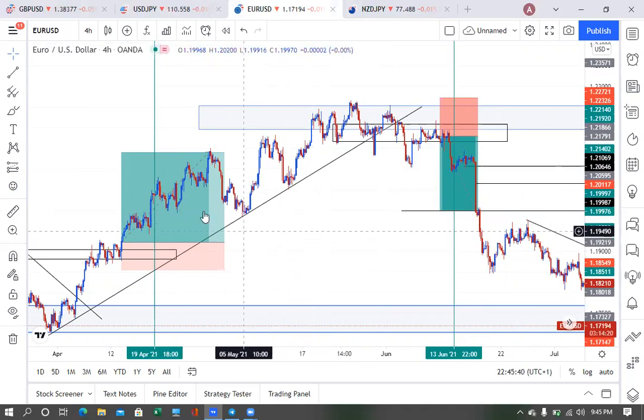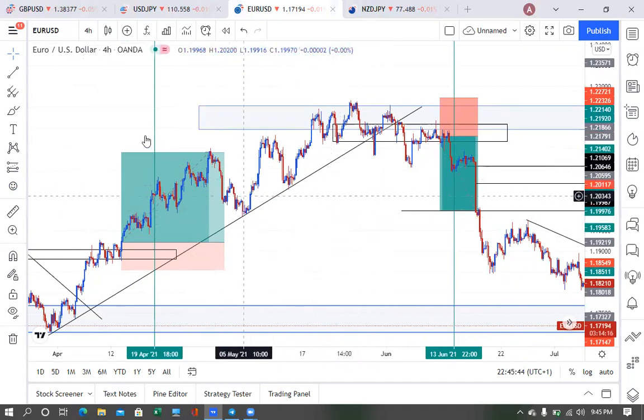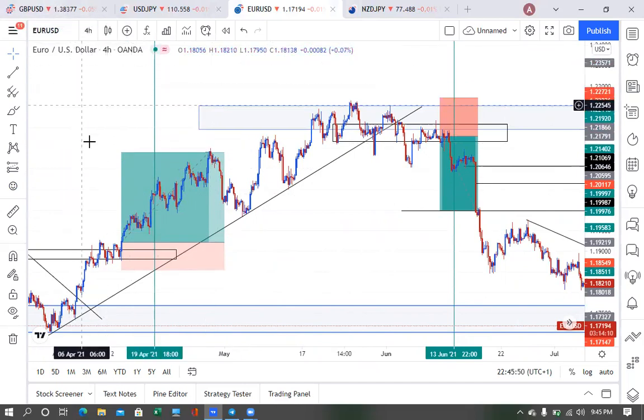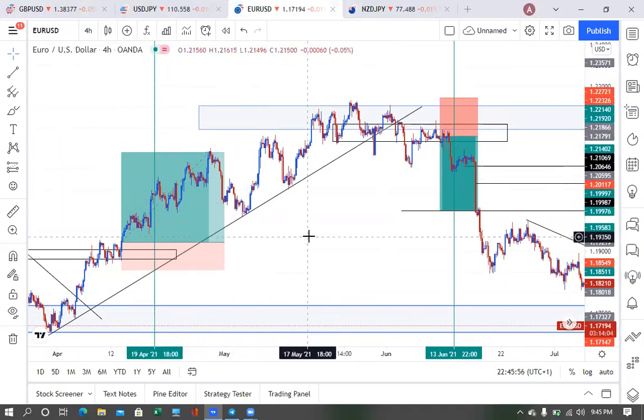Do you get me? Sometimes break and retest can be working in this market, Euro USD, but it will not be working in, let's say, pound dollar. You understand? Or it will be working in pound dollar but not working in Euro USD, for example, because they are all different markets altogether. A strategy can be working in Euro USD, but it will not be working in Netherlands yen.